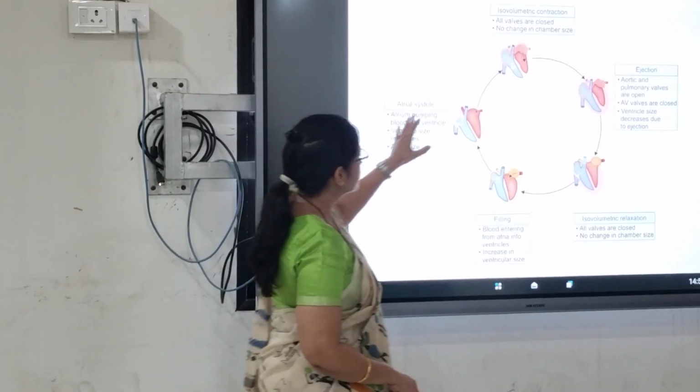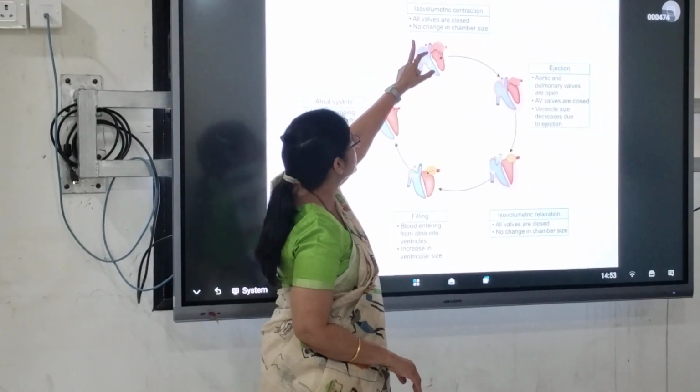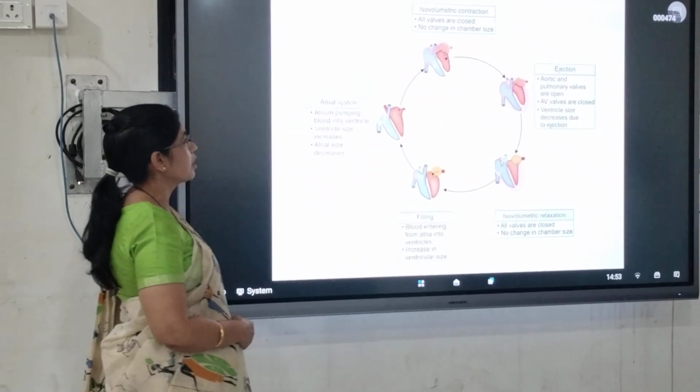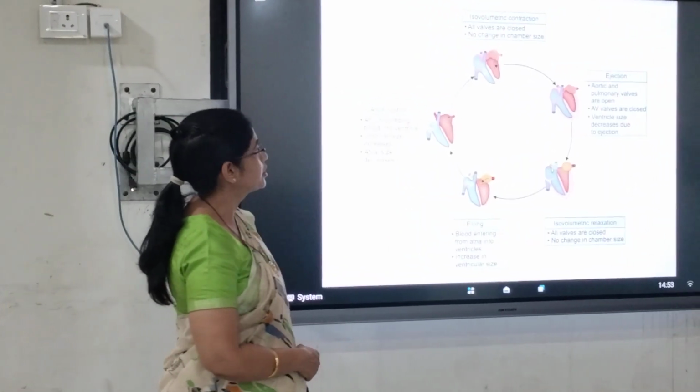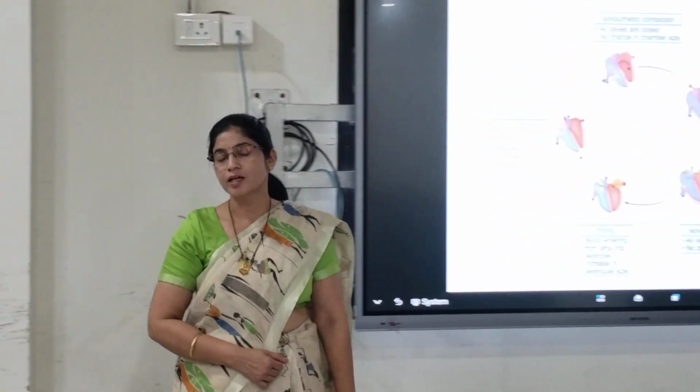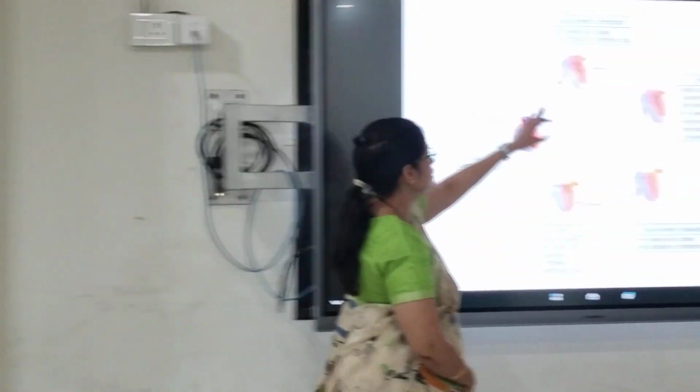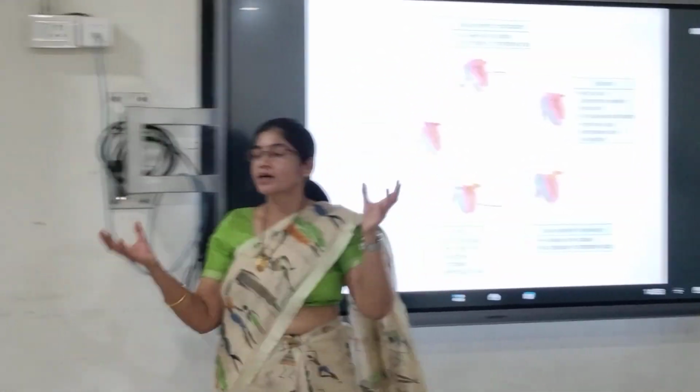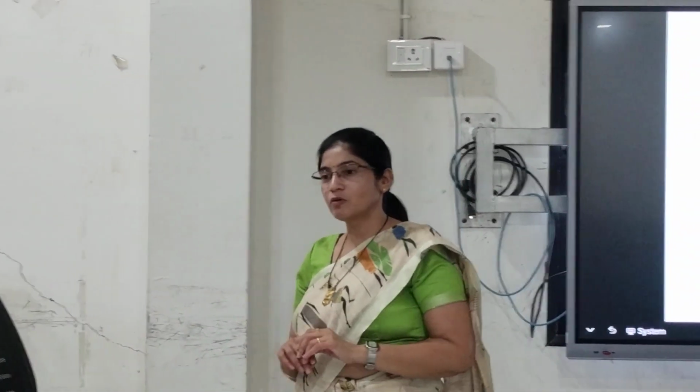So this is the heart. It is written that all valves are closed and there is no change in the chamber size. In this diagram, what happens? Blood comes in from the pulmonary veins and from the right side, superior and inferior vena cava, and the atrial contraction is already taking place. Because of atrial contraction, blood moves from the atria to the ventricle, and then the AV valves get closed.